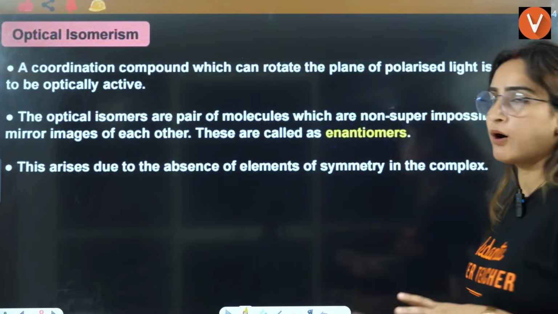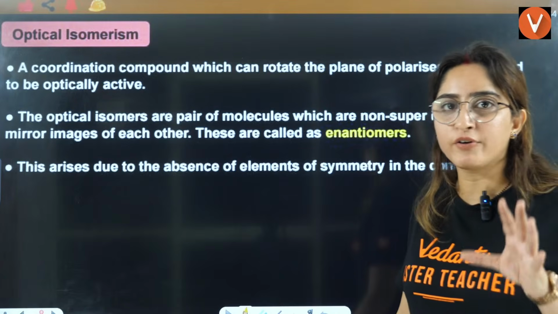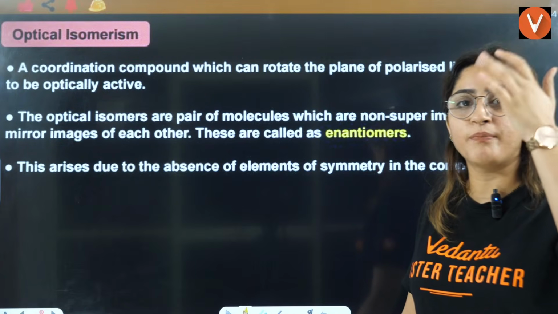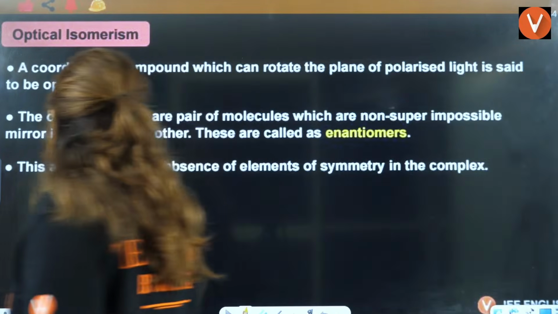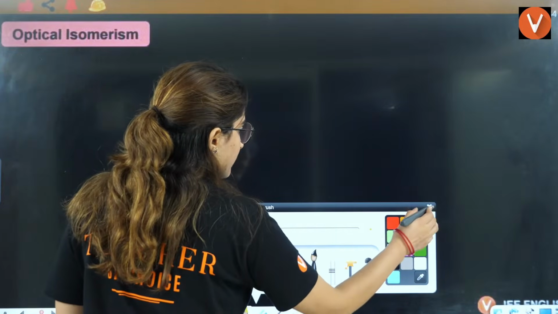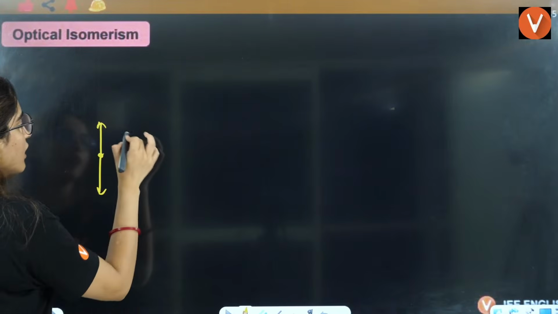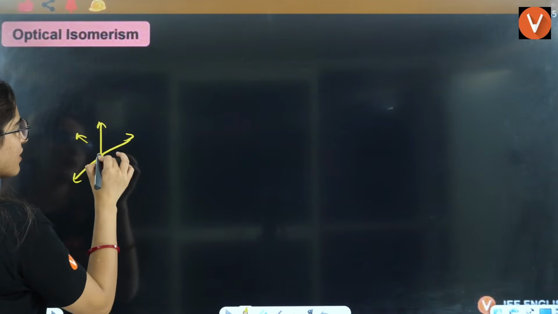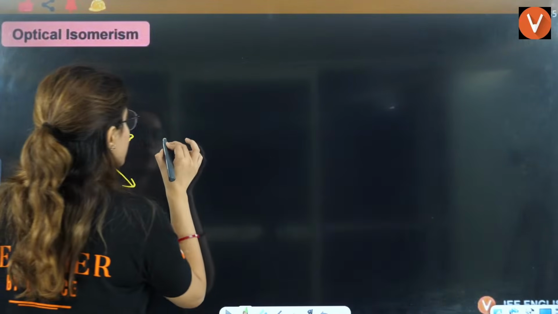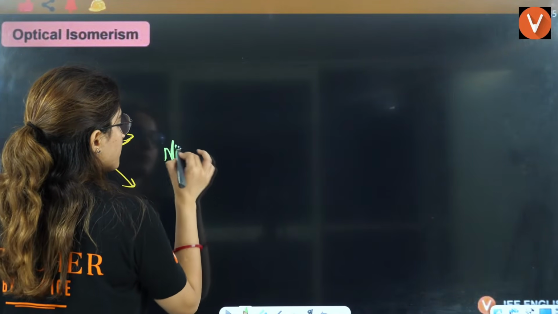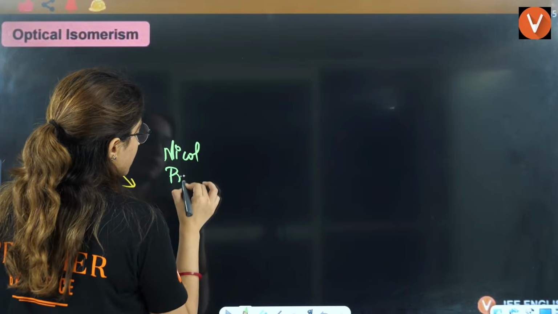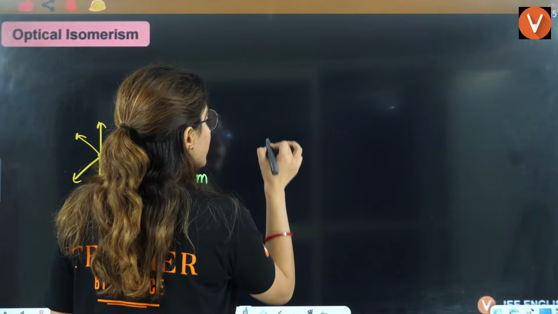If you talk about optically active and optically inactive compounds from the experimental perspective, what happens? You have plain unpolarized light in all directions. Then you pass it through a Nicol prism, and you will have plane polarized light.